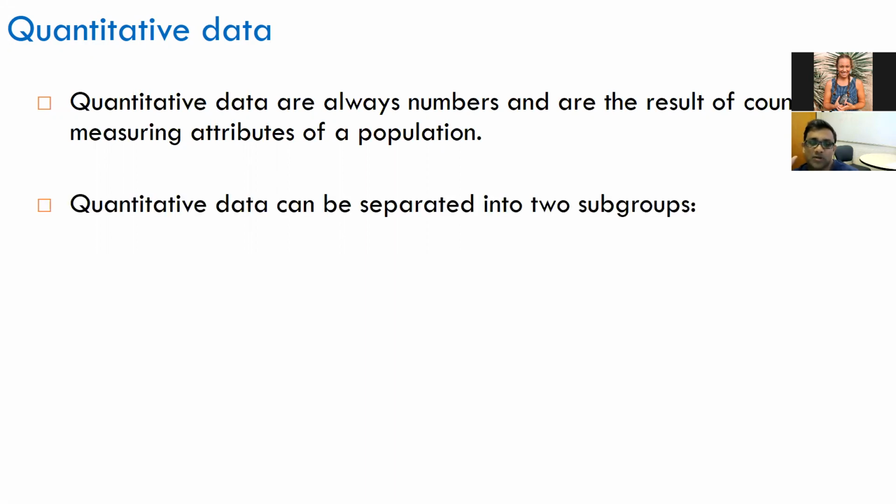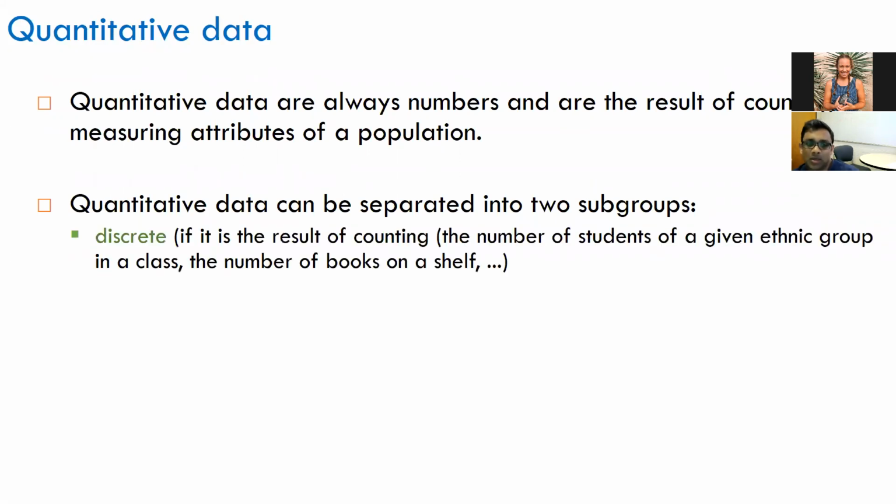So based on the type of the quantitative data, you can divide the quantitative data into two subgroups. One is called discrete. Discrete data are basically like the counts.